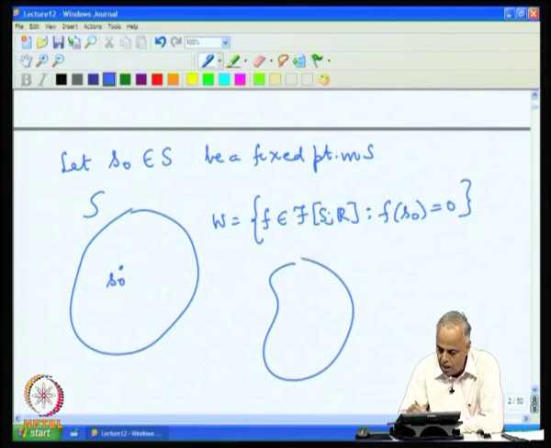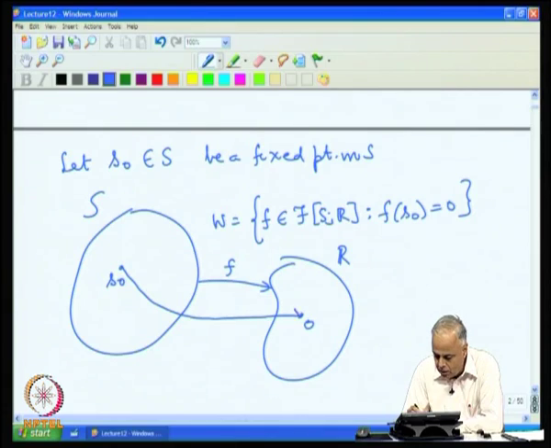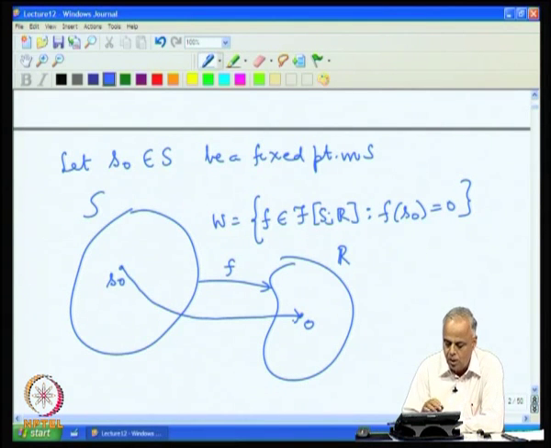So, here is R, in the R the number 0 is there, we want all those functions f from S to R such that this S naught goes to 0 under f.